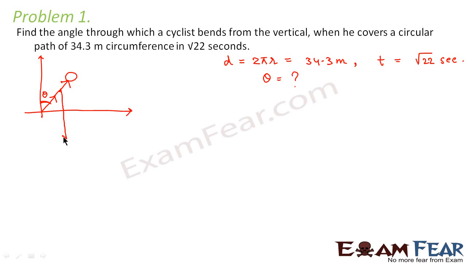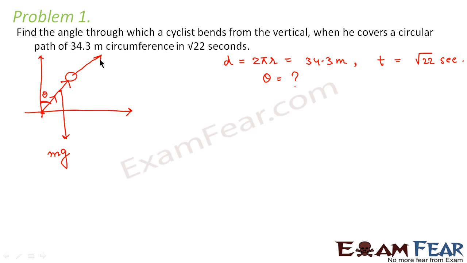The weight of the body will be in the downward direction, that is mg, if m is the mass of the cyclist. Now what will be the direction of the normal reaction? Normal reaction is always perpendicular to the surface of contact. What is the surface of contact here? The cyclist is in contact with the road at this point. So this is my surface of contact, and therefore the normal reaction would be perpendicular to this.